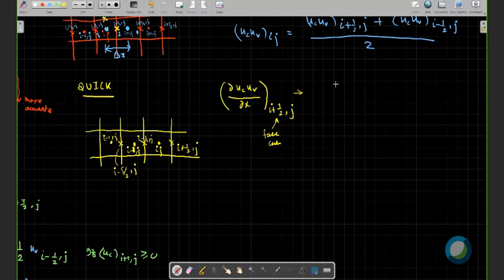So this you can do like UC UV. You have to take a difference. If you are taking it at I plus half, the best way is to do I plus 1j minus ij, that is UC UV at I plus 1j minus UC UV at ij, divided by delta x.